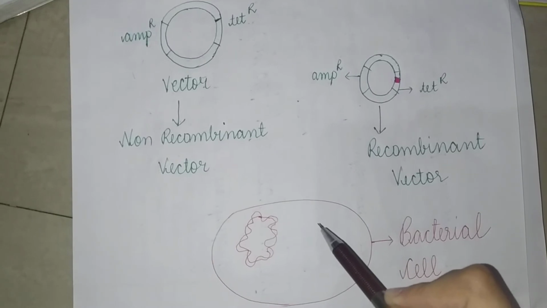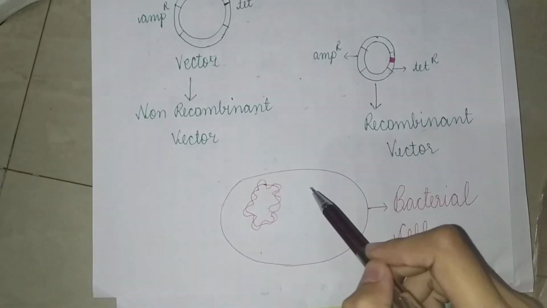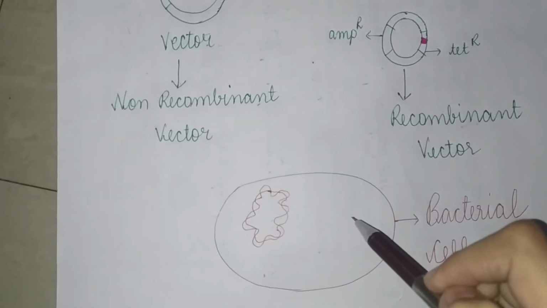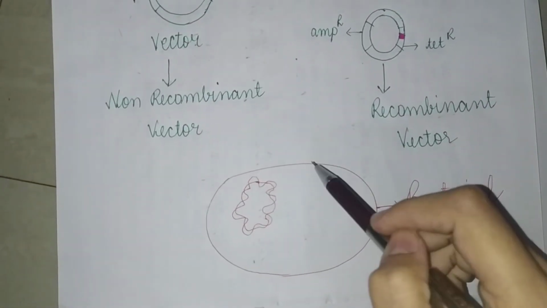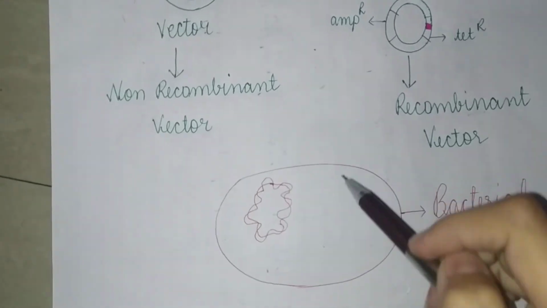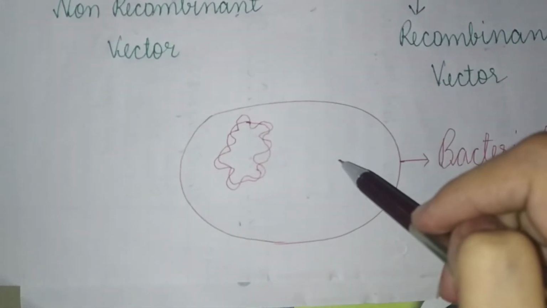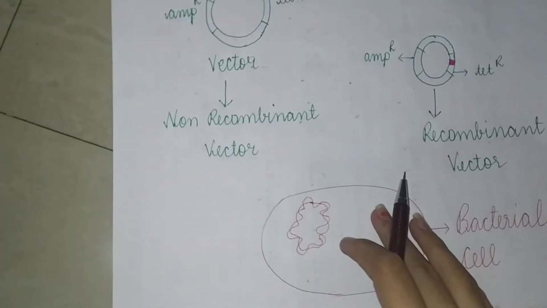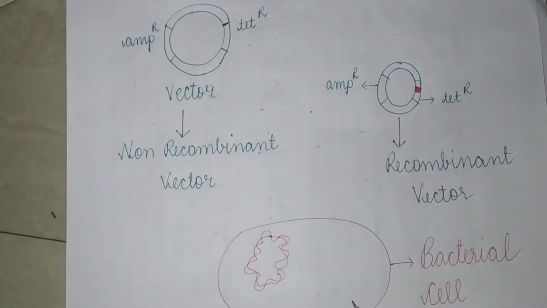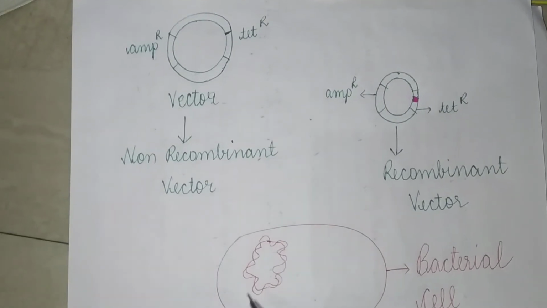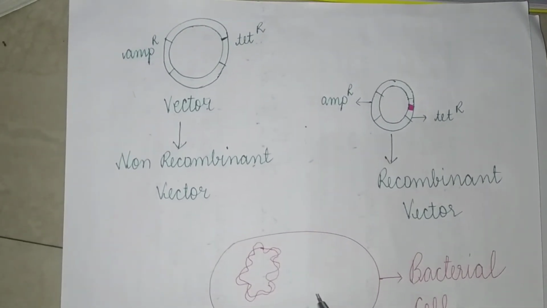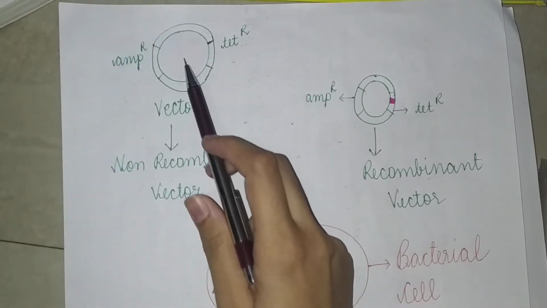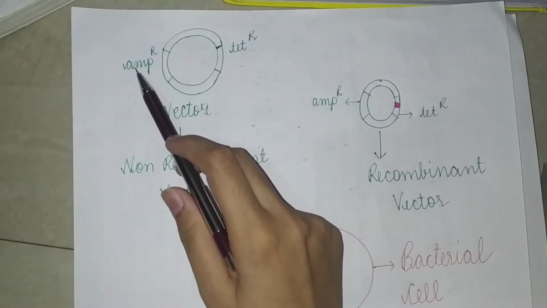For this purpose, we will keep the host cell in an ampicillin medium, and the non-transformant cell will not survive in the medium that has ampicillin. But if this vector has been inserted into this bacterial cell, the bacterial cell will be able to survive in a medium that has ampicillin. The reason is it has the ampicillin resistant gene.